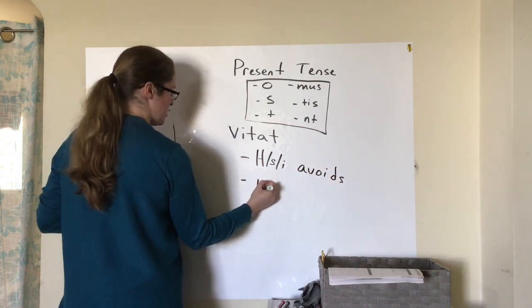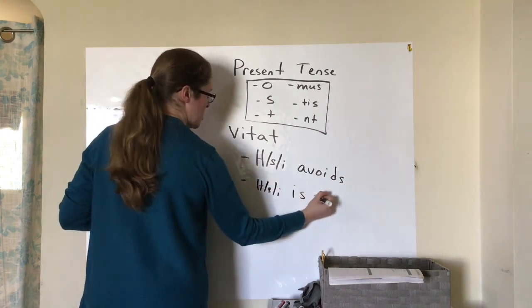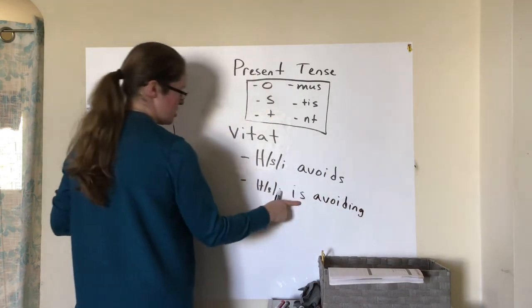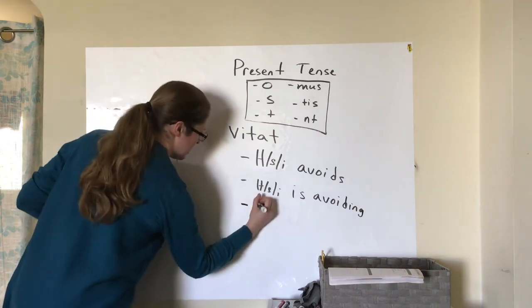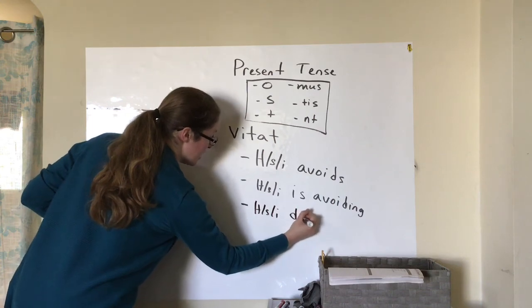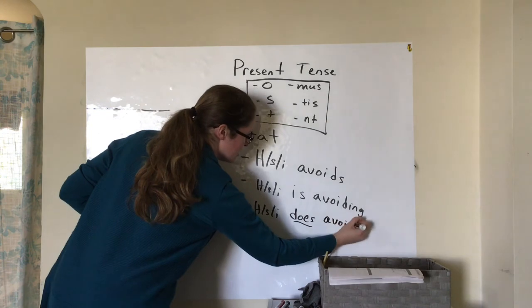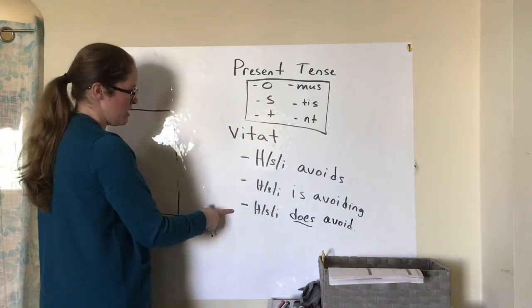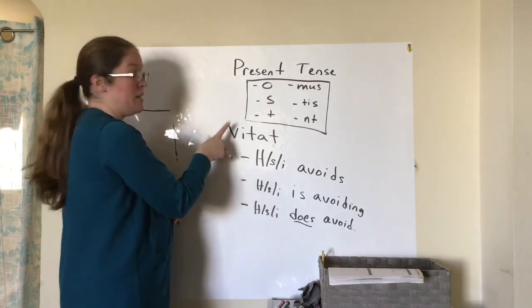Could be he, she, or it is avoiding. There we throw in a helping verb for English, is avoiding. Or it could be he, she, or it does avoid, some form of do. So he avoids, he is avoiding, he does avoid are all 3 ways that you could translate vitat.